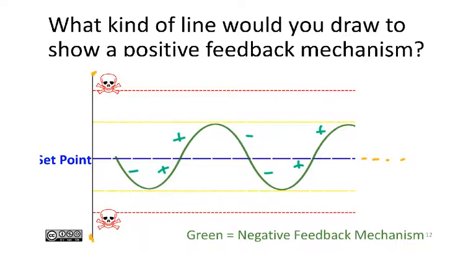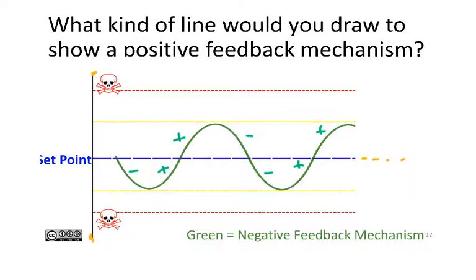I'll use light blue for this. So if I've got my set point, if it was a positive feedback mechanism, usually positive feedback and loss of negative feedback are involved in a lot of disease processes.